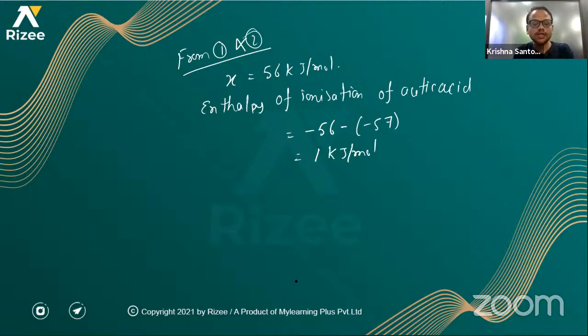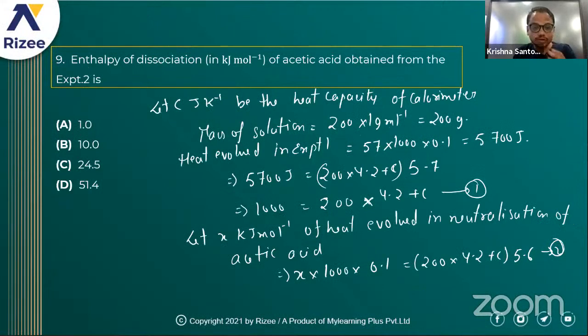Ionic equilibrium and thermodynamics are both combined here. Thermodynamics can be combined with electrochemistry, chemical equilibrium, ionic equilibrium, and solutions also. So multi-conceptual questions will come from these chapters, with thermodynamics combined with all those chapters. Here ionic equilibrium is combined.